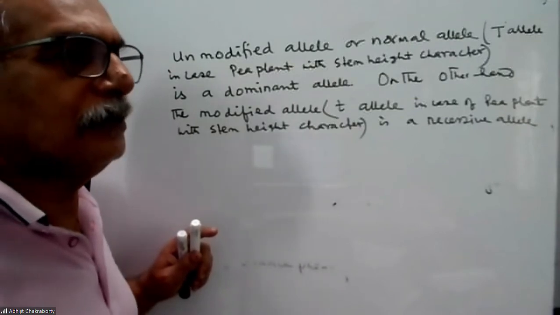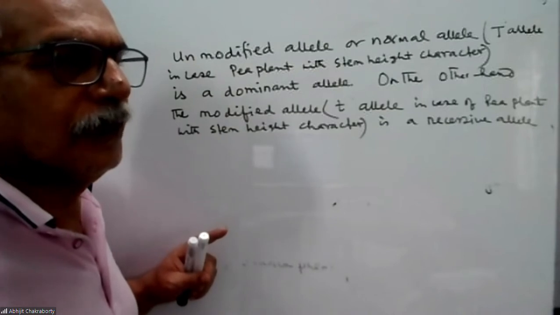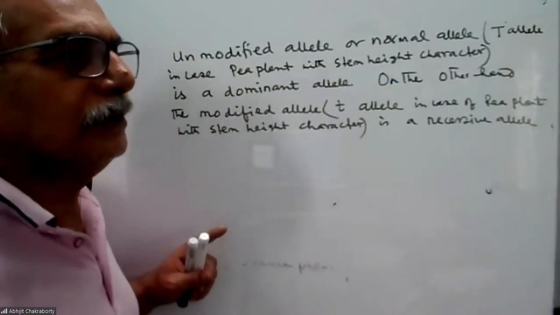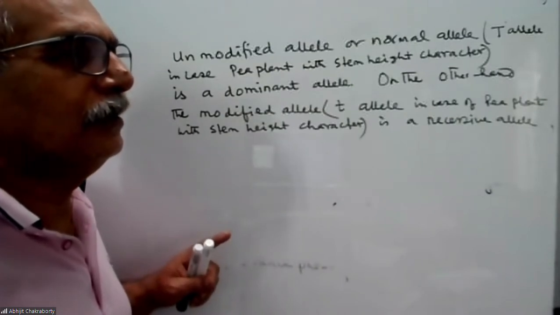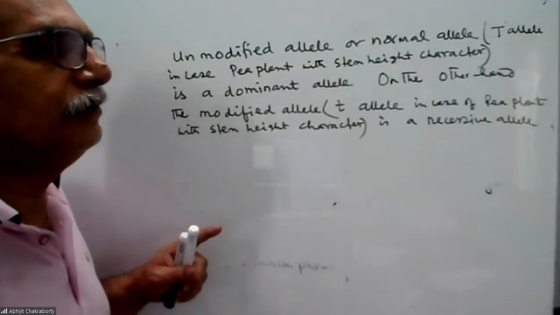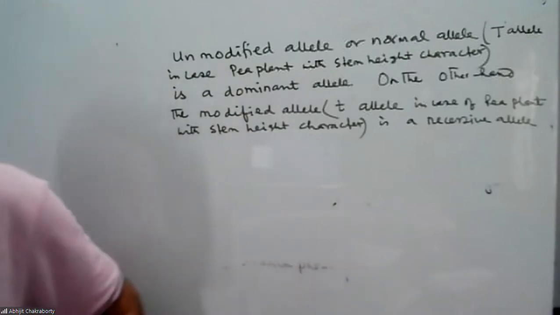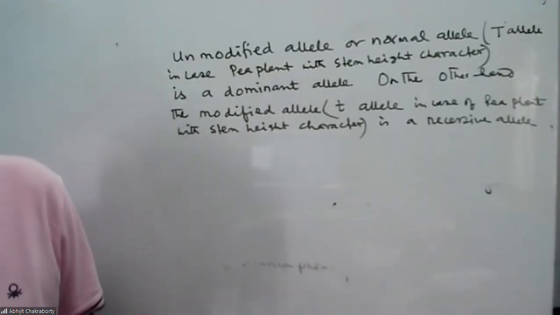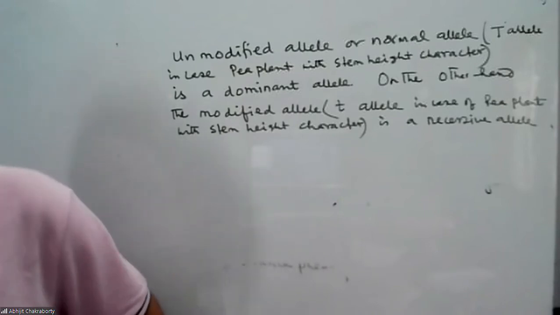Okay, open it up, please, and just read out this passage, concept of dominance. Quickly, I'm giving you 2 or 3 minutes time, please. It's very much required now. Go through it.